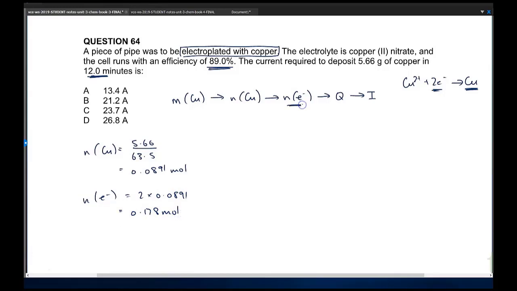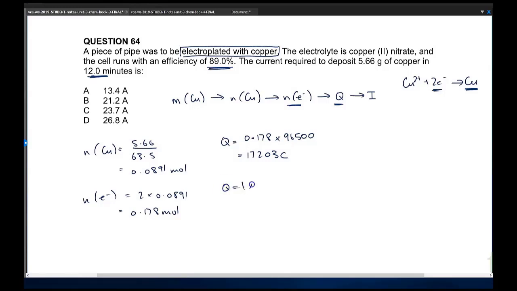Okay, once I've got mole of electrons, I can find Q. So Q equals the mole of electrons times the charge on 1 mole of electrons, 17203 coulombs.